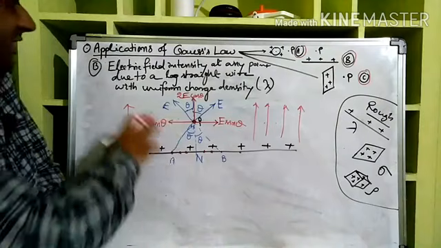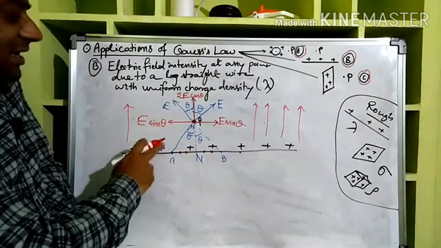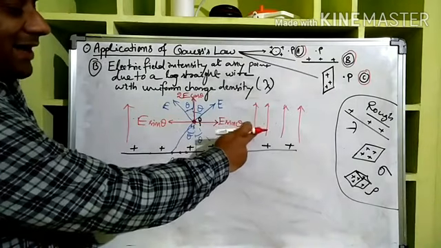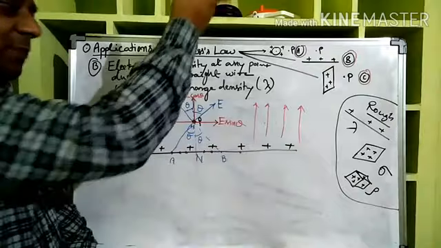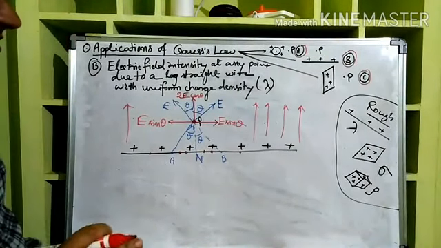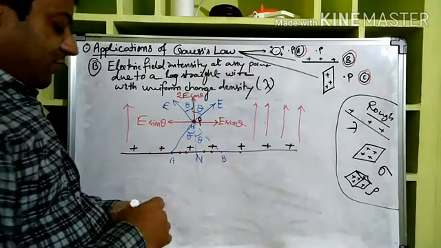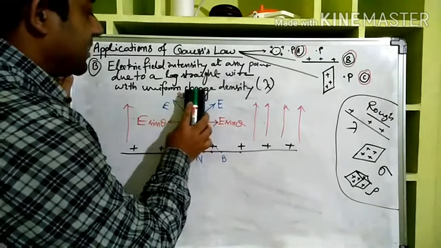So, before proceeding to this application of Gauss law, I just proved here that the electric field due to a long straight wire with some charge will always be perpendicular to the straight wire. This much understanding is clear, right? With this understanding, we will proceed with the second application.